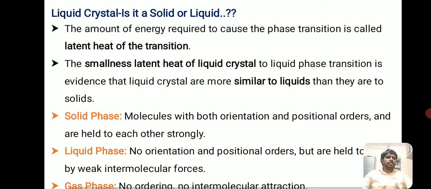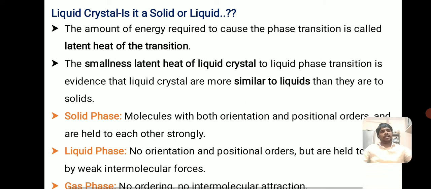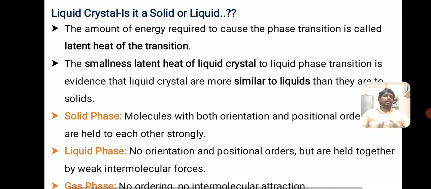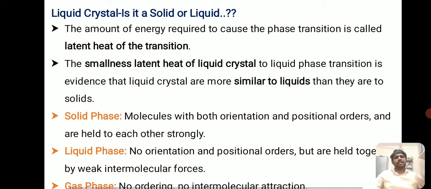The molecules in liquid phases have no orientation and positional order, but are held together by weak intermolecular forces. What happens in the last case, that is gas phase? Here there is no ordering or intermolecular attraction.